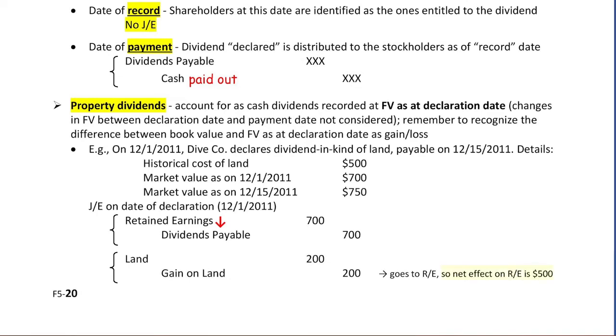Highlight. So net effect on retained earnings is 500. So in the first journal entry, we had debited retained earnings by 700. Now, due to the gain on land, the retained earnings gets a credit of 200. So the net effect, the net debit to retained earnings is 700 minus 200, that's $500.